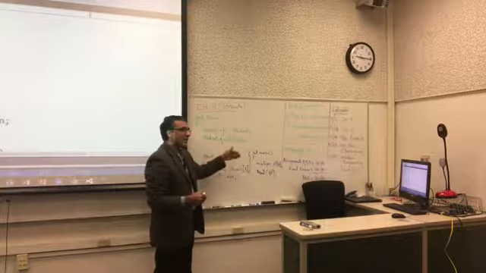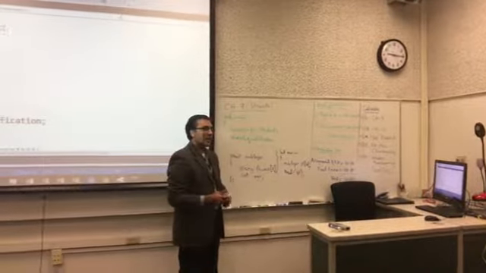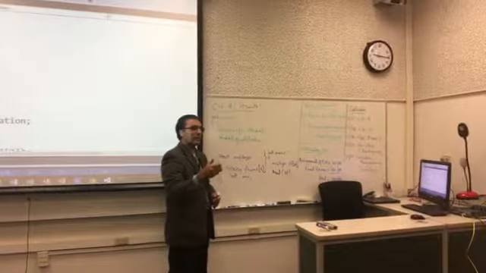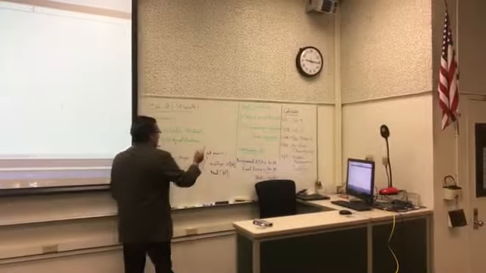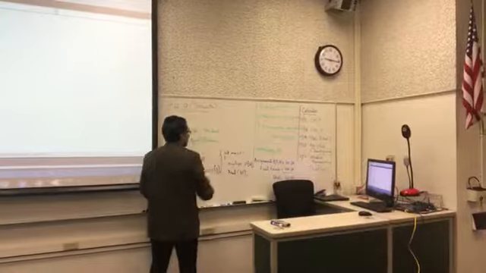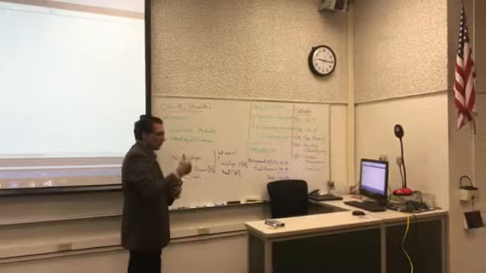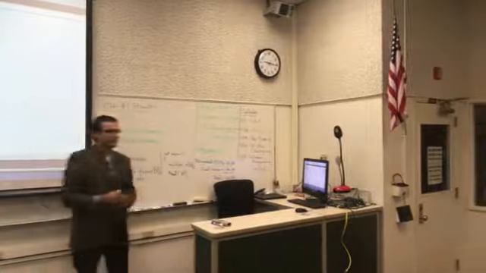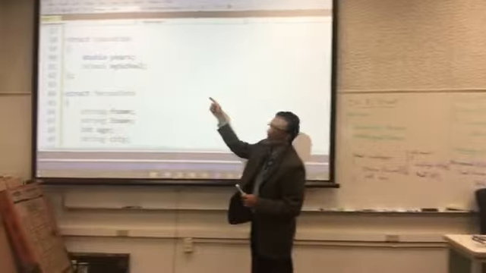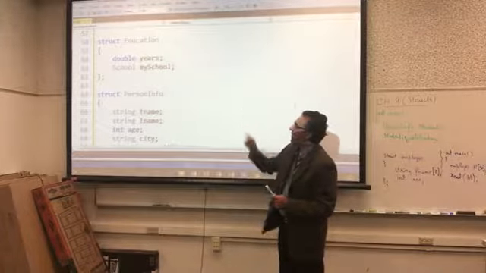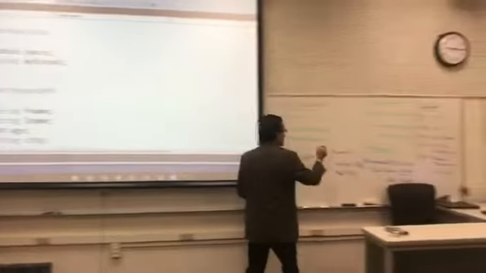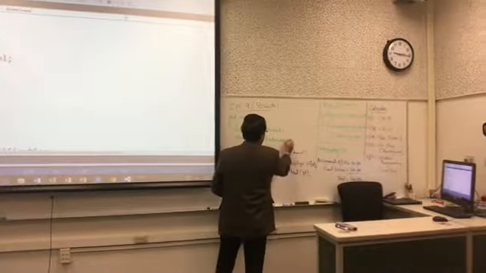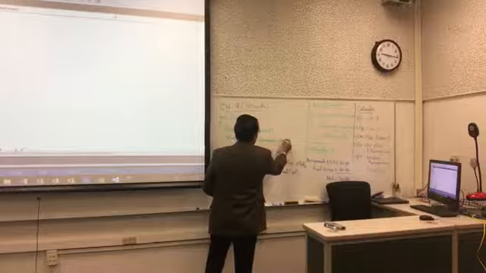But the qualification itself cannot be populated because it's a collection of other data structures. As soon as I hit the dot notation here, it's going to show me a drop-down list of education. And under education, I have two things, years and my school. I'm interested in my school. I put another dot notation and put my school.